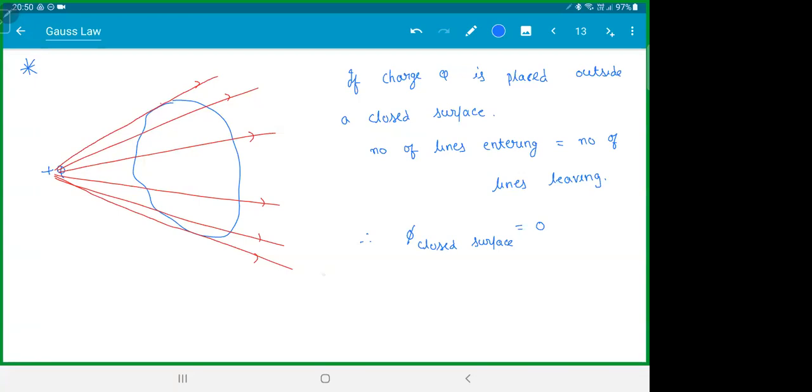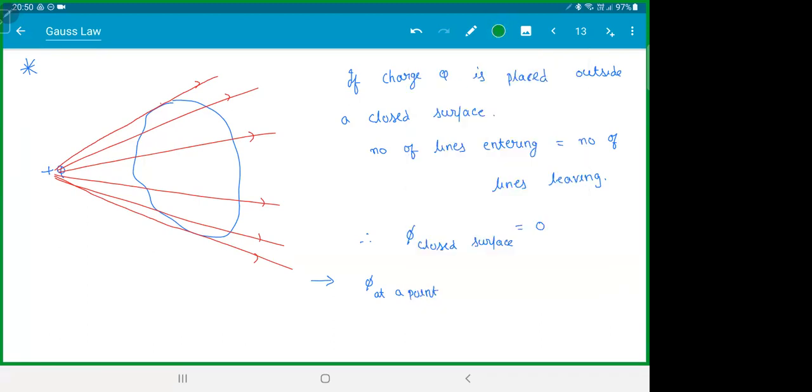Now here they'll ask something important. The examiner will ask this question only. They'll say a charge Q is placed outside, the flux at a point. Is this positive, negative, or zero? The flux at a point and the flux on the closed surface are two totally different questions.